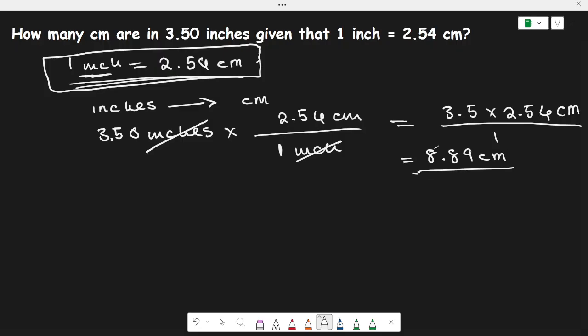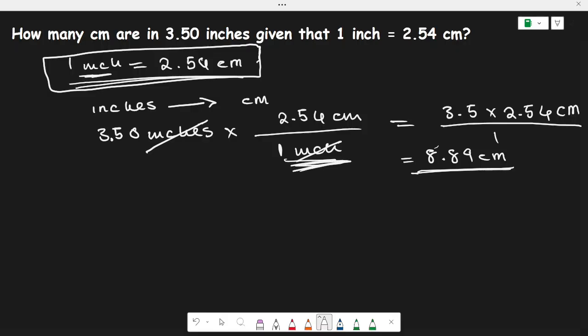centimeter. Okay. So remember the formula. If you are given in inches and you want in centimeter, inches should be below.